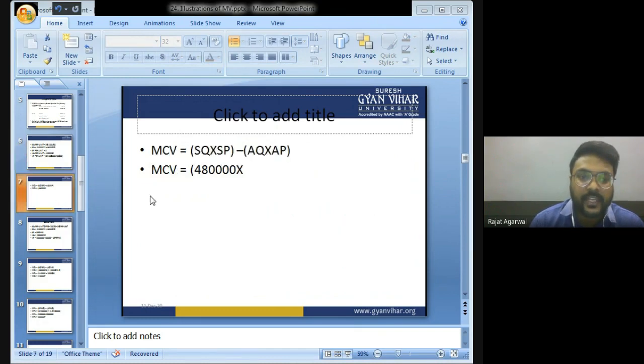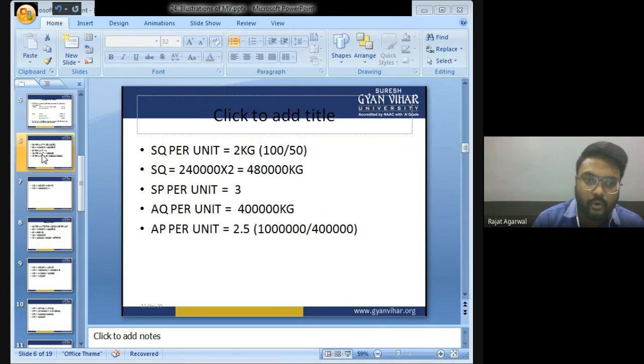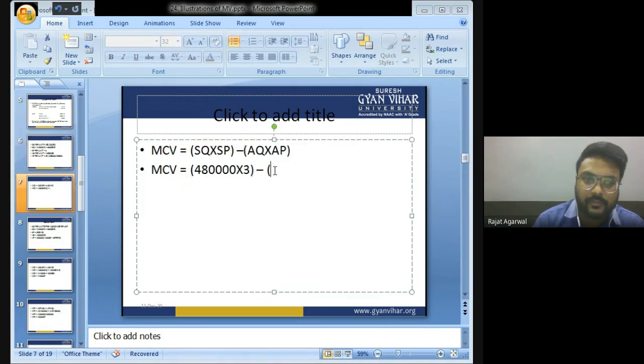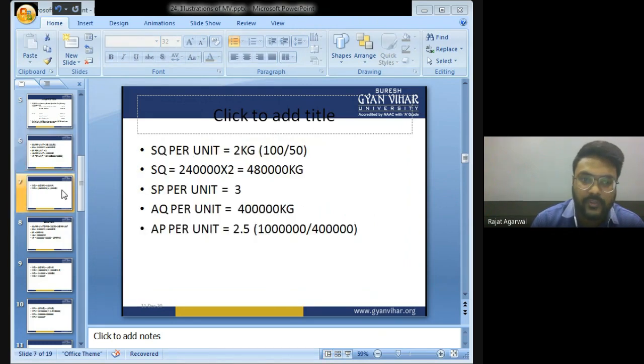Standard price is 3 per kg. Actual quantity is 4 lakh kg into actual price is 2.5.